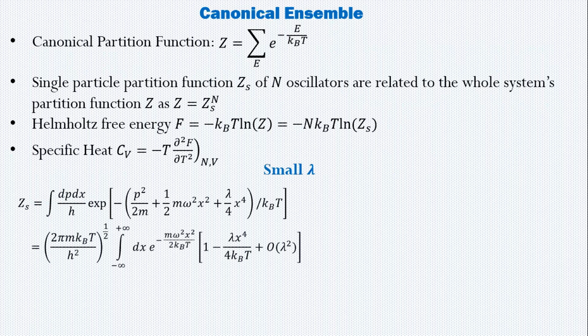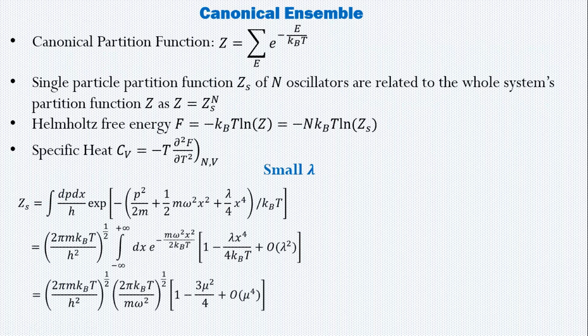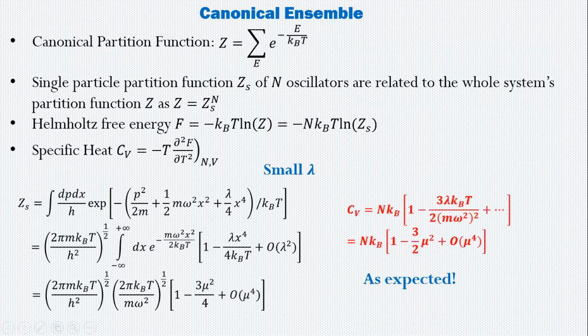The momentum integral is carried out independently. Then for the position integration, we just expand e to the minus lambda times this term using the Taylor expansion of e to the x, because lambda is small, and then just algebra, and we get this final result. Following these prescriptions, you get the specific heat like this.